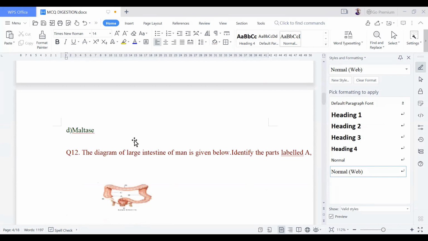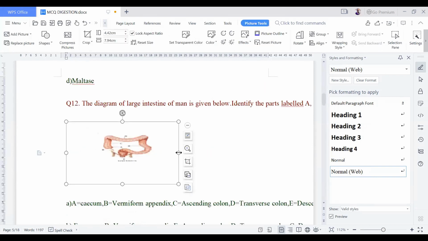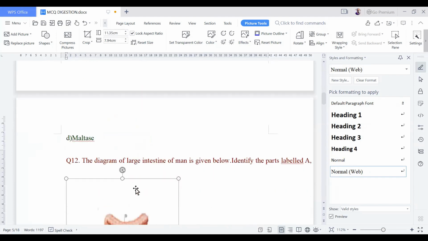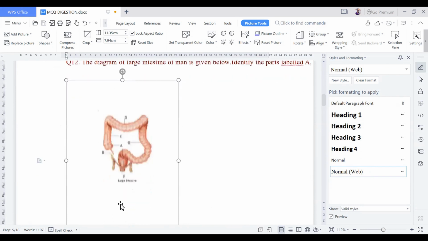So let me see whether I can enlarge this or not. Just a minute. Can you see A, B, C, D?